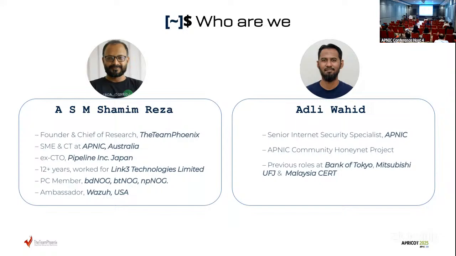So now everybody knows me. That was Link3. And then I started working for a Japanese cybersecurity service provider named Pipeline Incorporation. We were basically focused on defensive cybersecurity. We had an in-house built SIEM and SOAR, and also we were the sole distributor for Spamhaus threat intelligence.